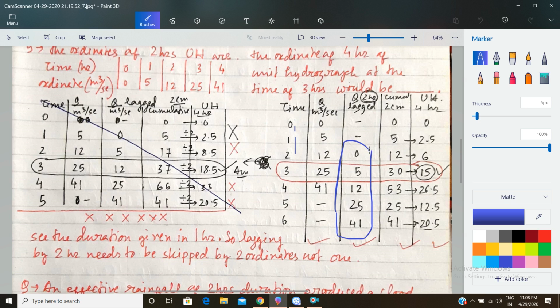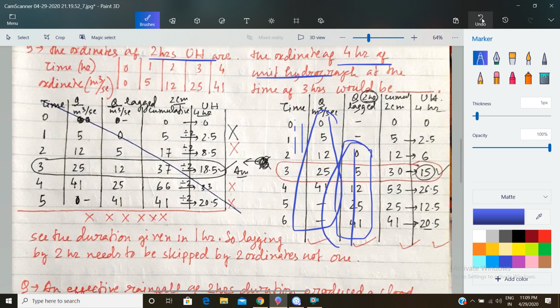to draw the unit hydrograph. Okay, so the unit hydrograph was given here, the duration was 0 to 1 hour, 1 to 2 hour, but we need the 4-hour storm here. So the 2-hour unit hydrograph is given. After the 2-hour unit hydrograph completed, then only the 2-hour storm started another time. So after 2 hours, means first hour, second hour, then lagged by 2 hours, the ordinates repeated here.